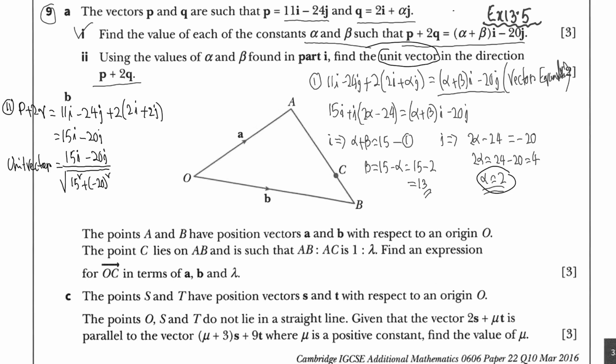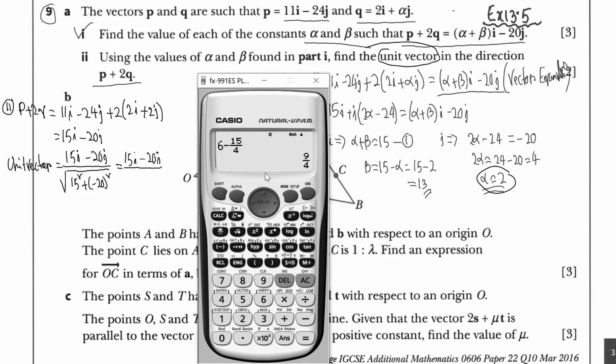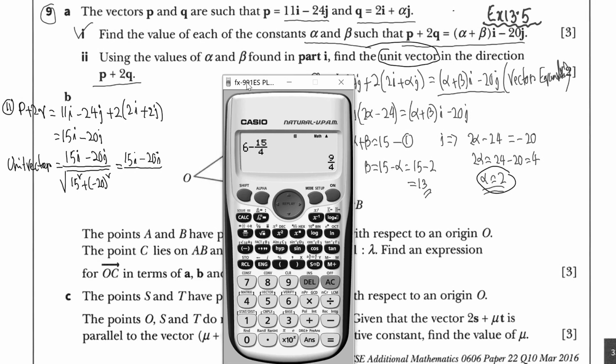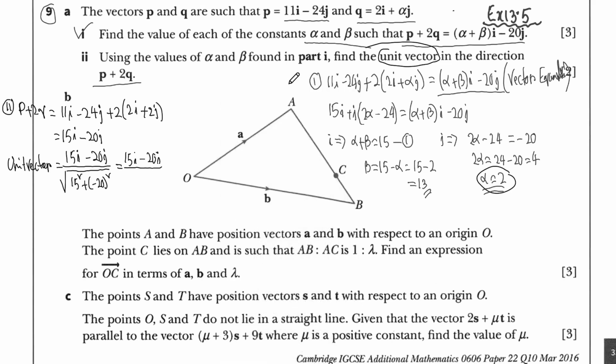Don't keep the minus sign inside the bracket; even if the components are negative it does not matter, because inside there is always a positive sign, as we are applying the Pythagoras formula. Let me use the calculator: root over 15 squared plus 20 squared gives us the value 25. Let me write it, 25.